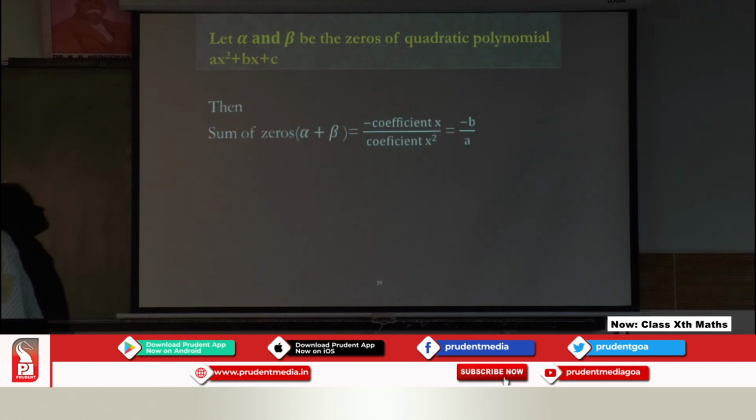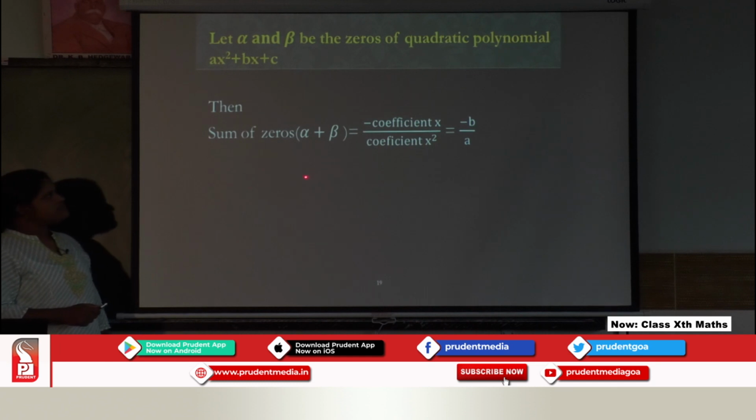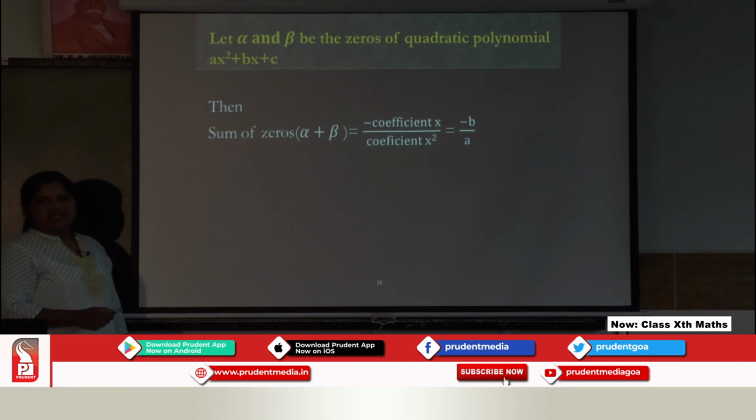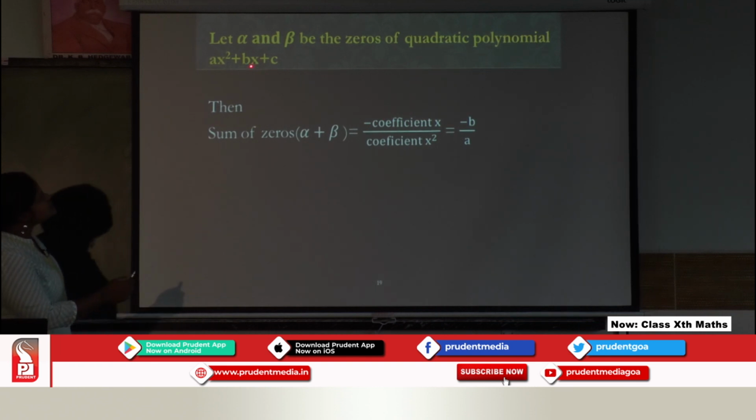Now let us relate. The sum of zeros, that is, if you add alpha and beta, is equal to minus coefficient of x upon coefficient of x square. If you see here, the coefficient of x is b, so I have written minus b. This minus sign is part of the formula.